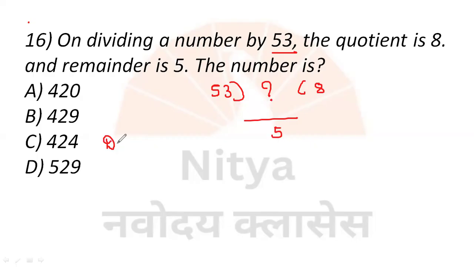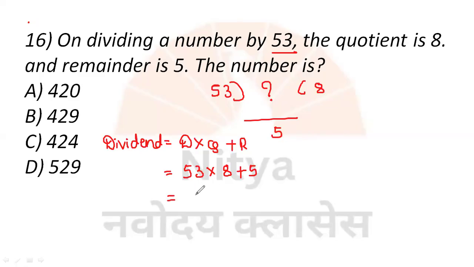So dividend equals divisor into quotient plus remainder. Here the divisor is 53 into quotient 8 plus remainder. So we have to put the values in the formula. 53 into 8 is 424.